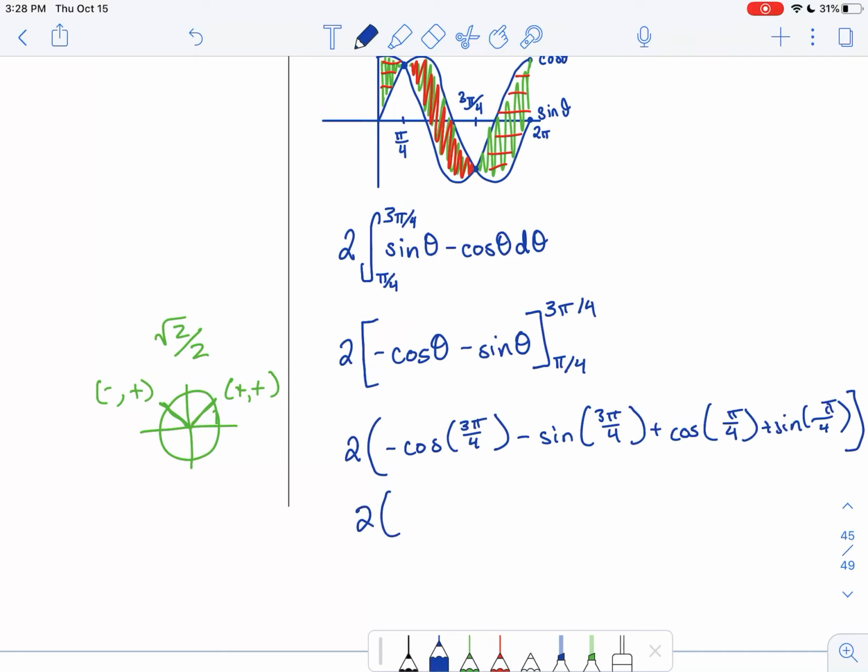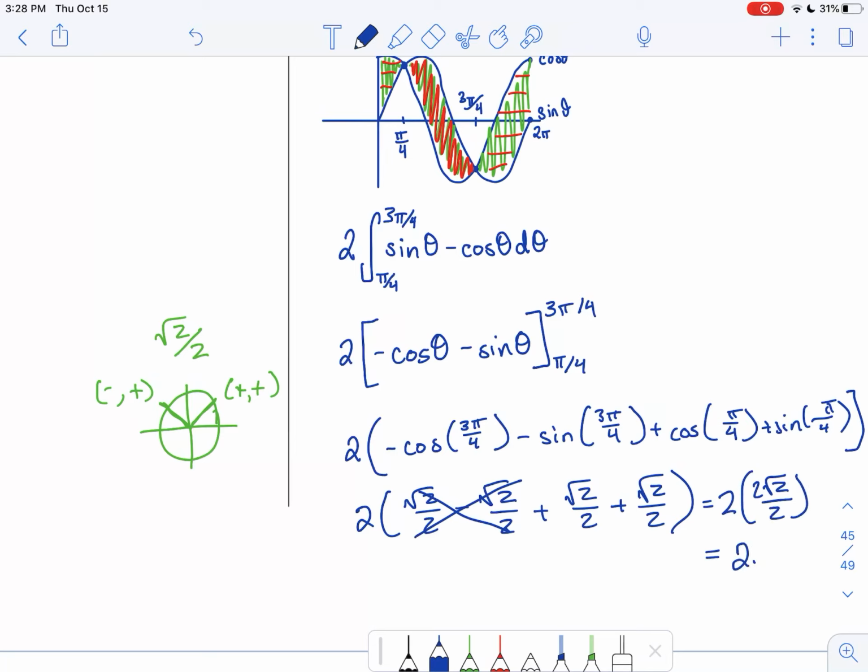So 2 times, in this case, negative, negative, so positive root 2 over 2, minus root 2 over 2, plus cosine root 2 over 2, plus sine root 2 over 2. These cancel out. This becomes 2 root 2 over 2. 2 times 2 root 2 over 2, so our final answer is 2 root 2.